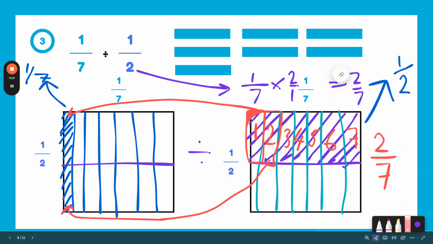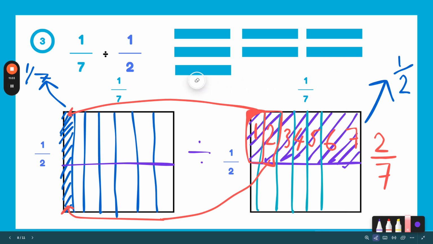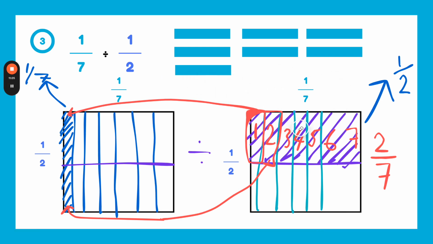So we can see the method still checks out because we still get the same answer. So because only 2 of the pieces out of the whole group of a half fit into our first square, that means our answer would be 2 over 7.